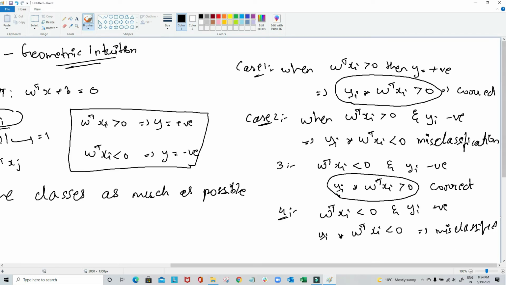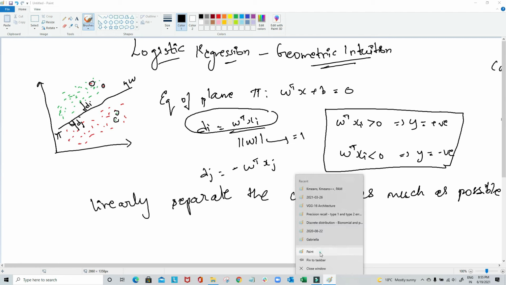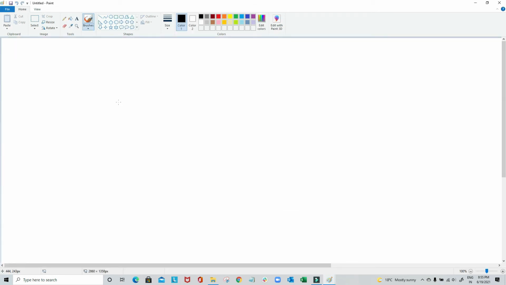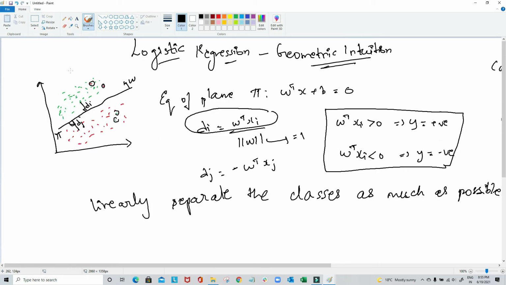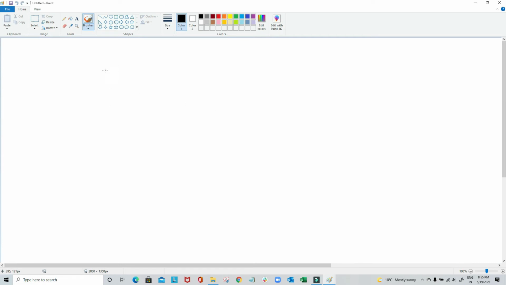So what we are essentially trying to do in logistic regression, if I formulate it mathematically, is to maximize this value for all the data points, which implies the summation of yi into w transpose xi, for all i equals 1 to n.